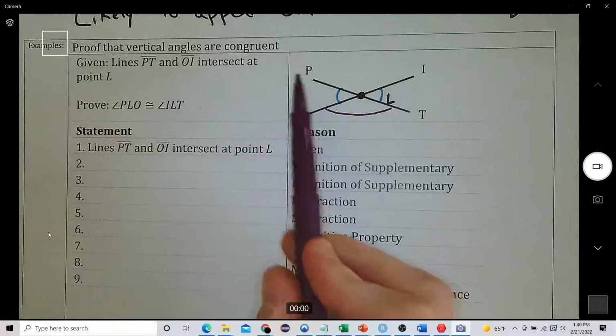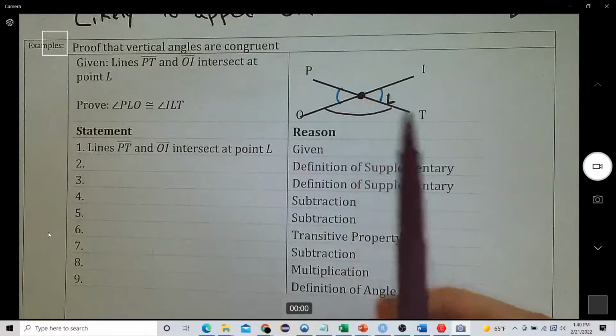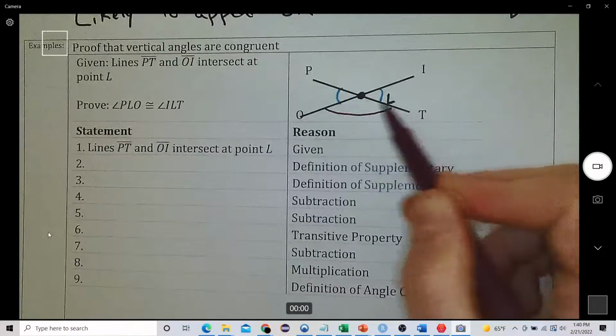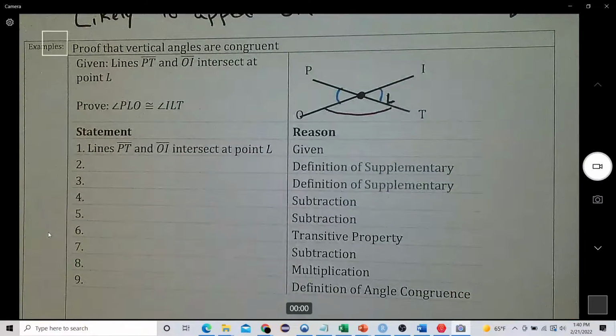In other words, angle PLO is supplementary to OLT, and ILT is supplementary to OLT. So we're going to use that idea and some transitive stuff to prove that vertical angles are actually congruent. We're going to start with the definition of supplementary over here.